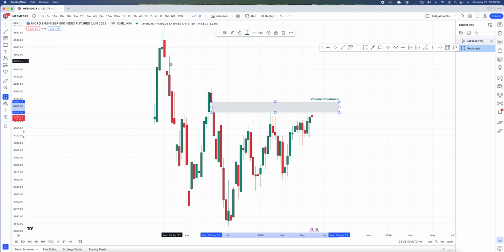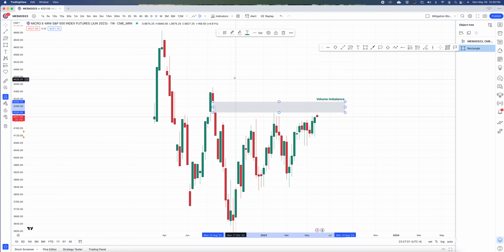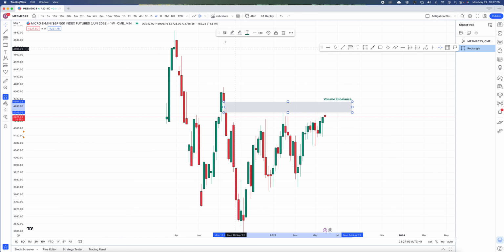See right here, it's just a wick, there's not really much of a body in here. So this to me is a volume imbalance, just like this one and this one right here. And this one, obviously, I'm not paying attention to, but that is a volume imbalance. There's no body volume.